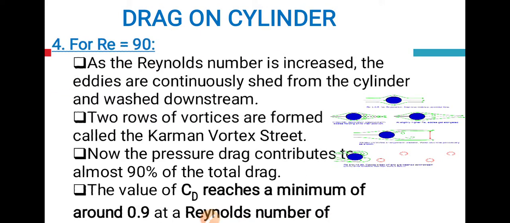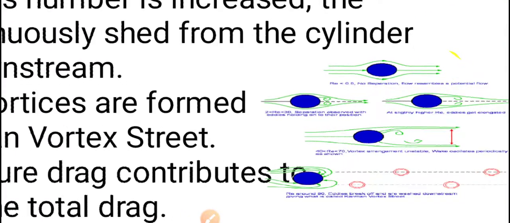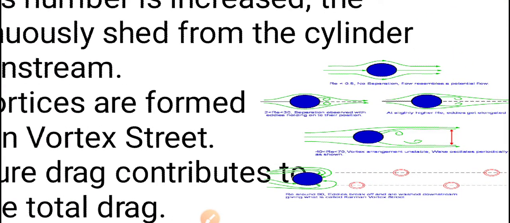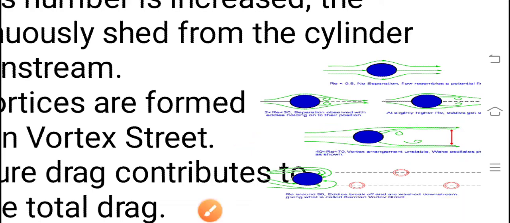Further, case 4, for Re equal to 90, you can see it almost becomes parallel to the flow. See here, this is the flow direction, and these are also flowing exactly parallel to the fluid flow.